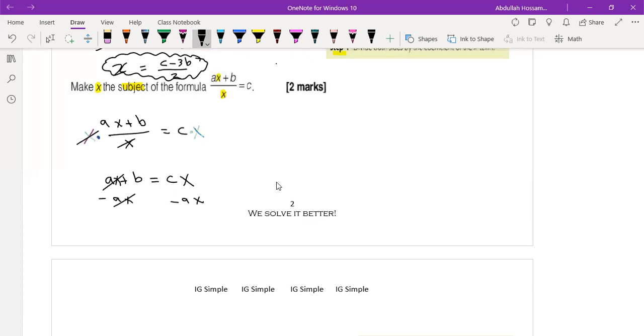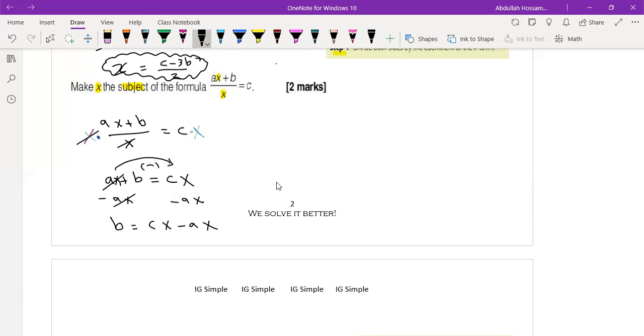Then you have b equals cx minus ax. Teacher, can I do it mentally, like I just write b equals cx minus ax? Yeah, you can do it mentally, no problem.